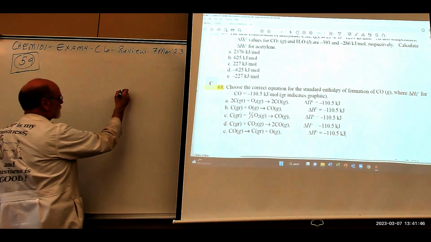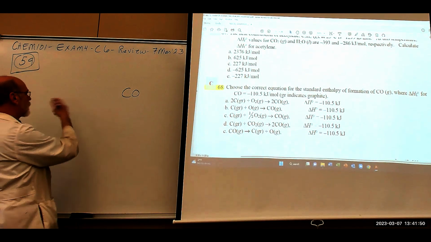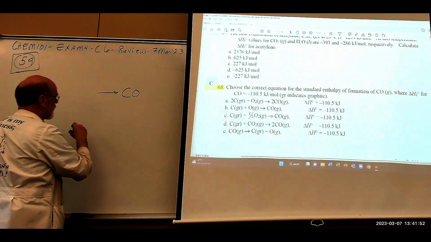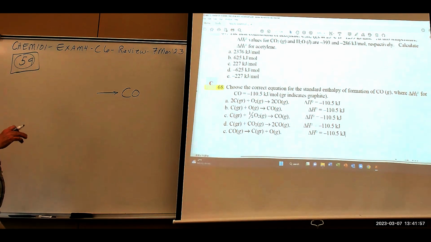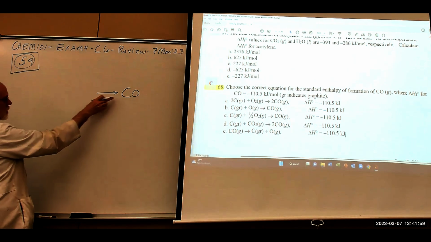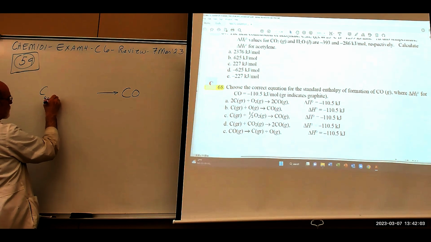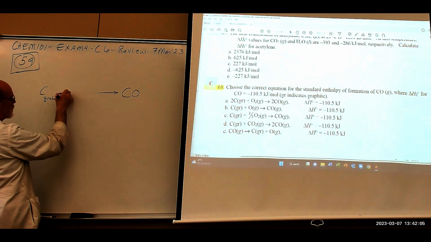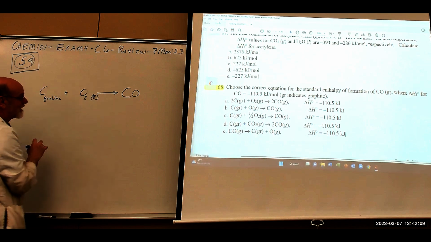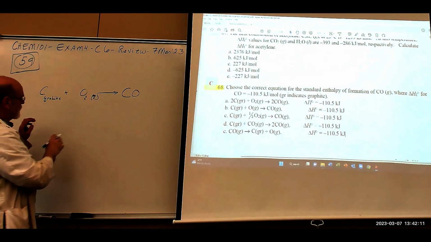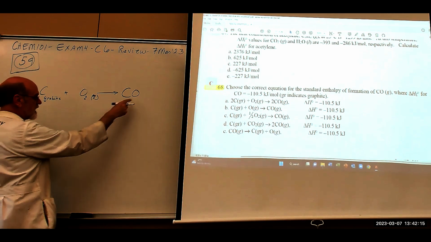You start with the product, 1 mole of the product, and then you work your way backwards, and you take each of the elements in their most stable form. So this is going to be carbon graphite plus oxygen gas.